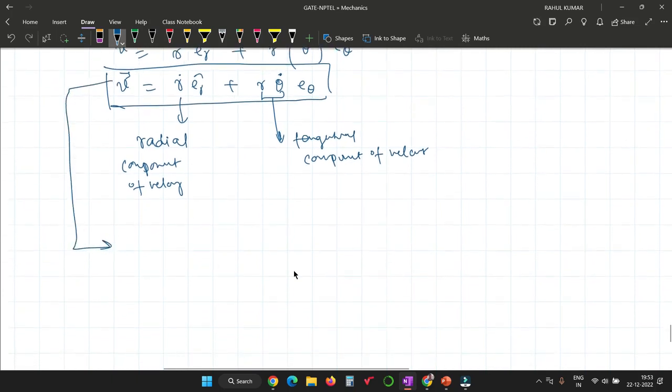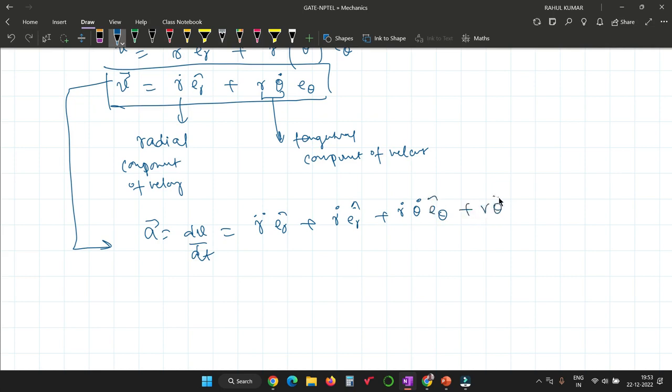Now again differentiate this equation. What will you get? a equal to dv by dt. You get r double dot er cap plus r dot er dot cap plus r dot theta dot e theta cap plus r theta double dot e theta cap plus r theta dot e theta dot cap.